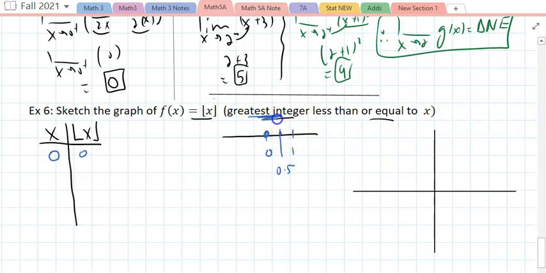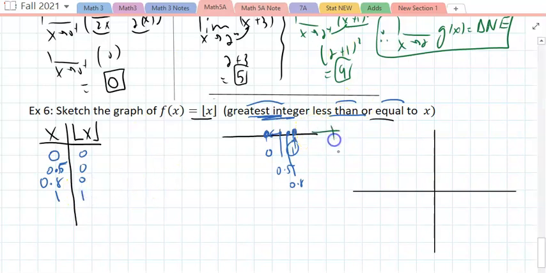What's the greatest integer less than or equal to 0.5? Wouldn't that be 0? How about if I picked 0.8? What is the greatest integer less than or equal to 0.8? That's 0. What if I picked 1? What is the greatest integer less than or equal to 1? Well, it's 1. It's not less than, but it's equal.